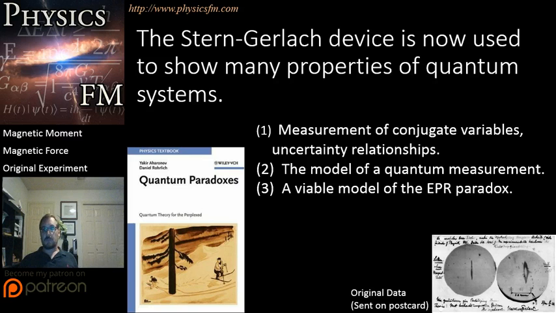I think this might help you a little bit. And if you want to learn more about how that works as far as the quantum measurements are concerned, click on the link below that will take you to our podcast number 7, which talks about chapter 7 of Quantum Paradoxes.